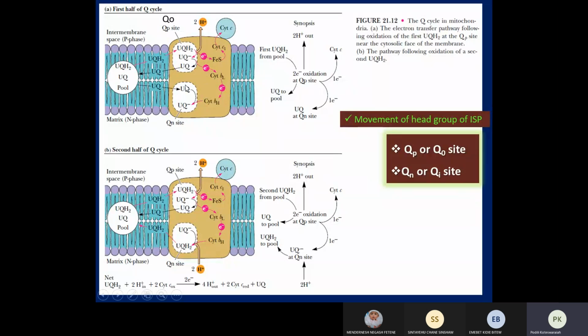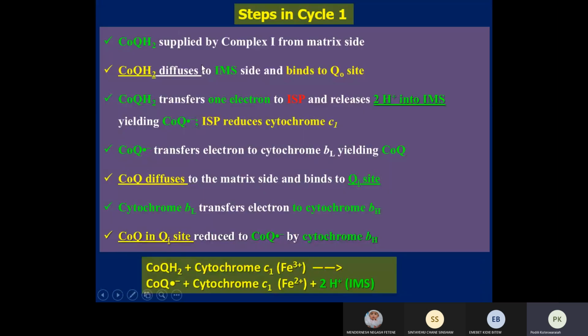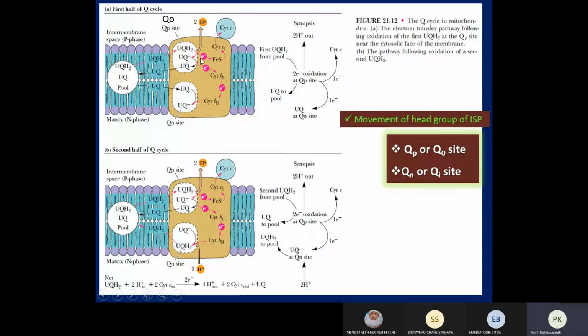So initially, the ubiquinol diffuses into the QP site, which is also called the QO site. When it binds to the QP site, initially this ubiquinol transfers one electron to the iron sulfur protein, and the two protons are pumped out.